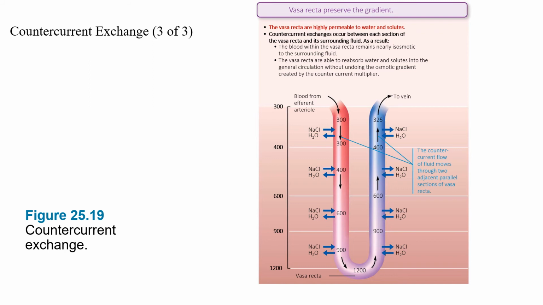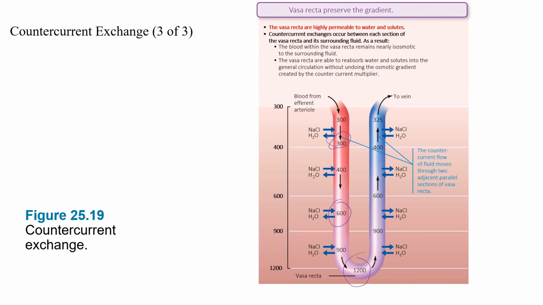They go from 300, 600, 1200, and it's going to be the same as the interstitial fluid, so that you have a countercurrent flow. This means that the blood can reabsorb water and solutes without messing up the osmotic gradient.